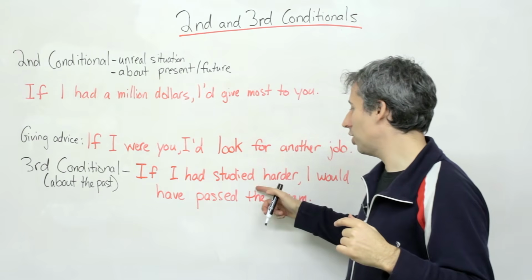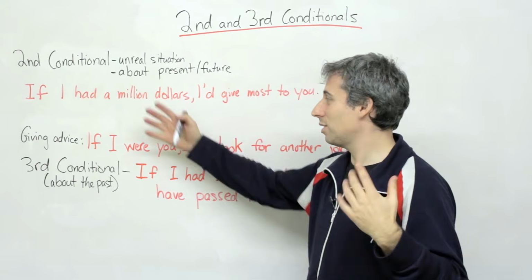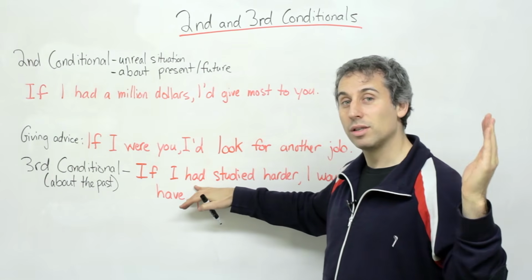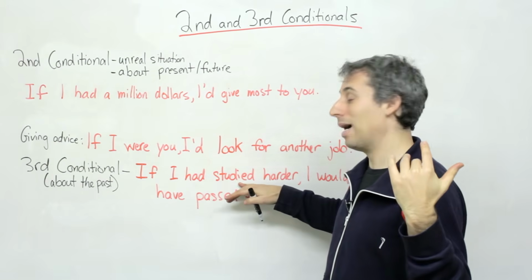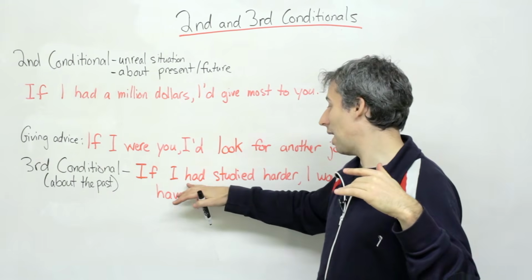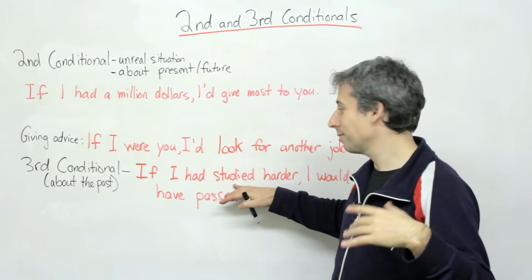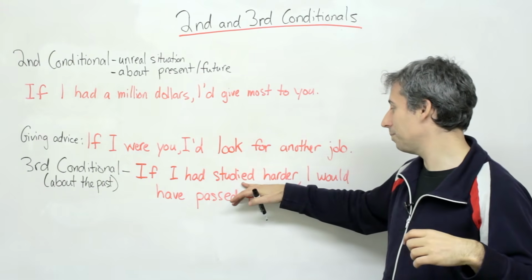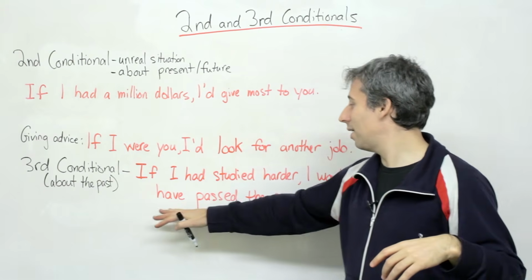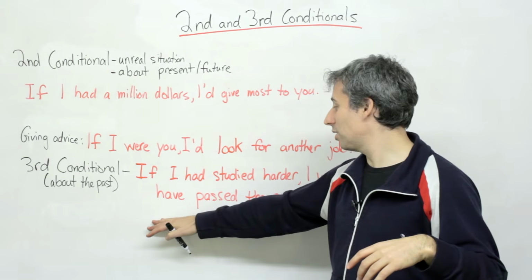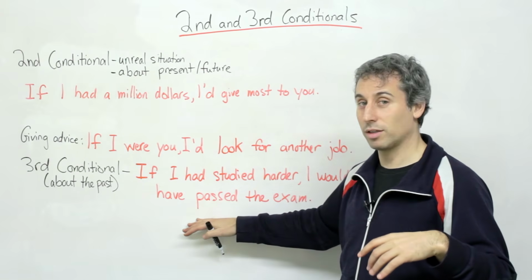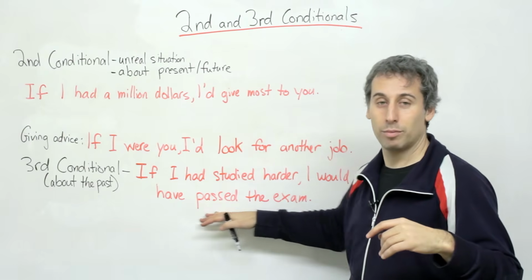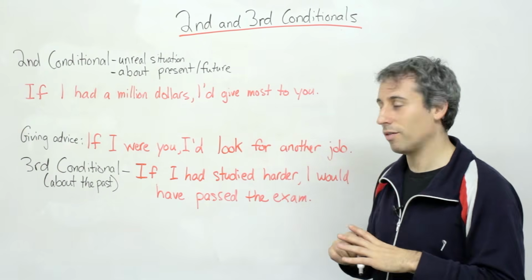So in this situation, we have if I, same sort of structure, but had, which is past, and then past participle, had studied. The past participle of study is studied. Harder, I would have passed. So that's present perfect. Okay? So if I past perfect, I would present perfect. That's the structure of it.